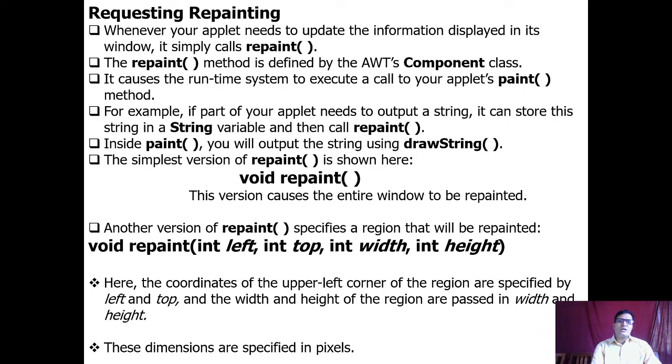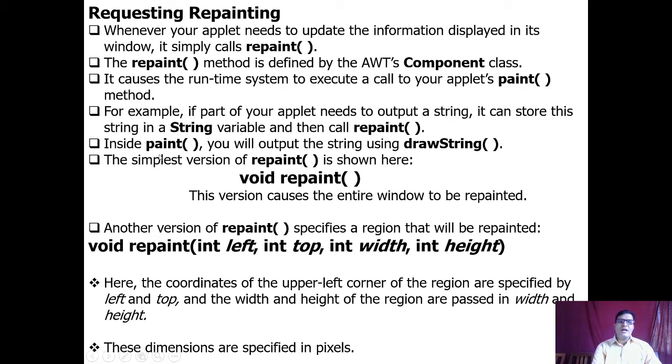For example, if a part of your applet needs to output a string, if you want to display a string, it can store this string in a string variable and then call the repaint method.